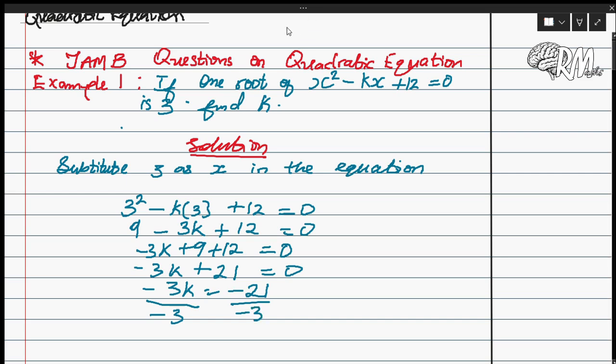So when I divide it, the minus will cancel the minus and 3 will cancel the 3. Then minus cancels the minus and 3 into 21 remains 7. So the final answer here, k is 7. So this is the answer to this kind of question.